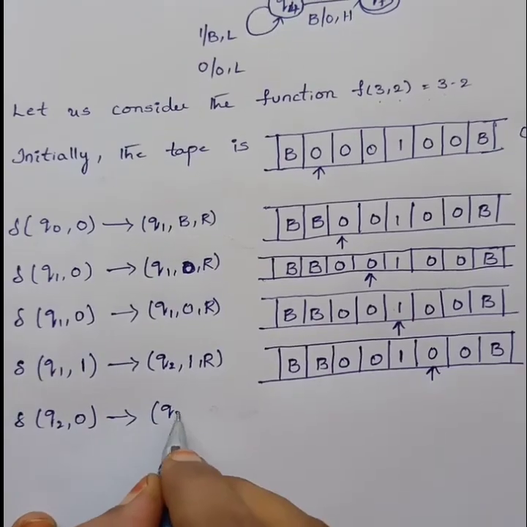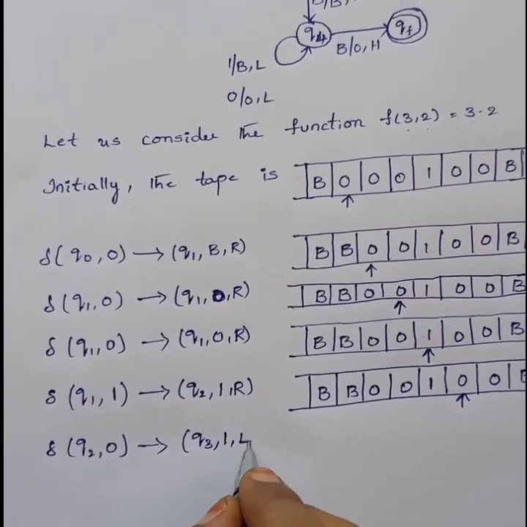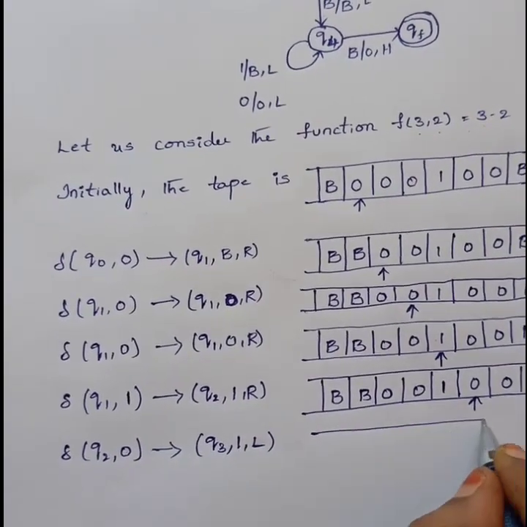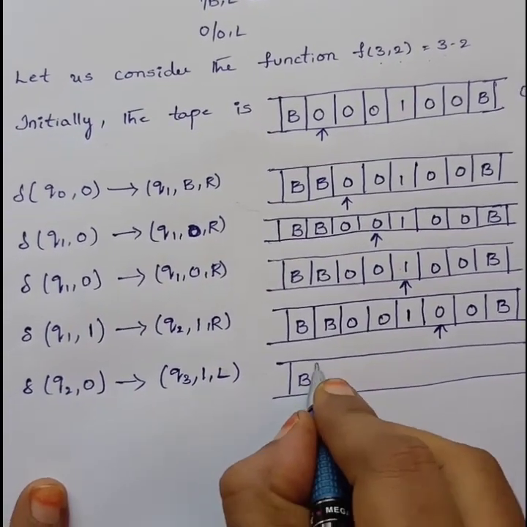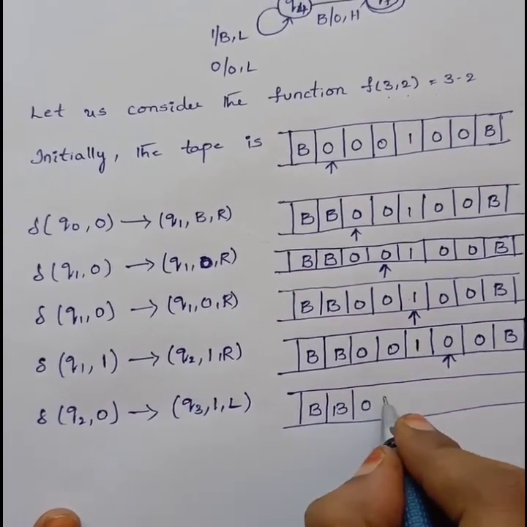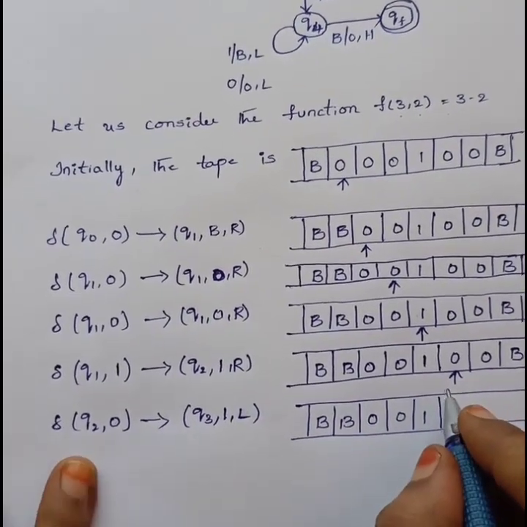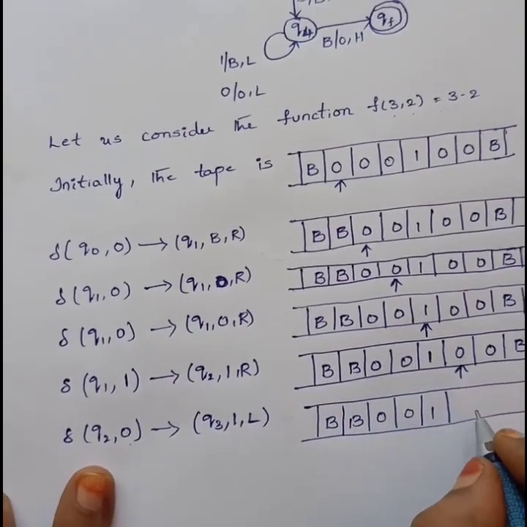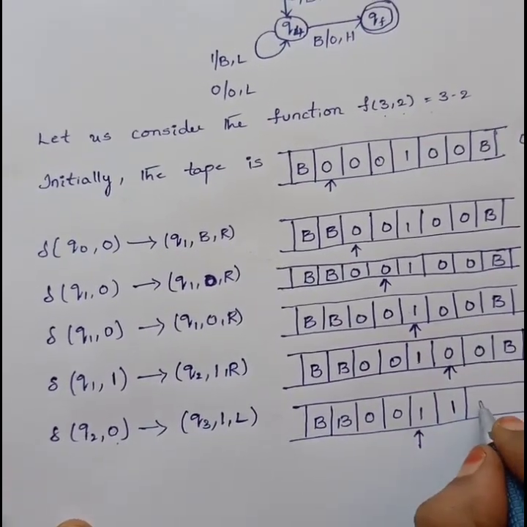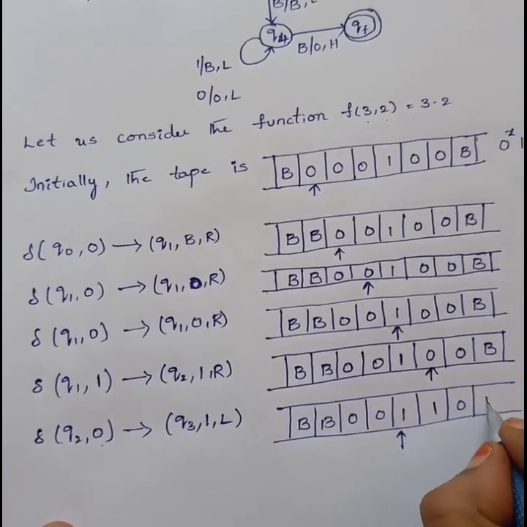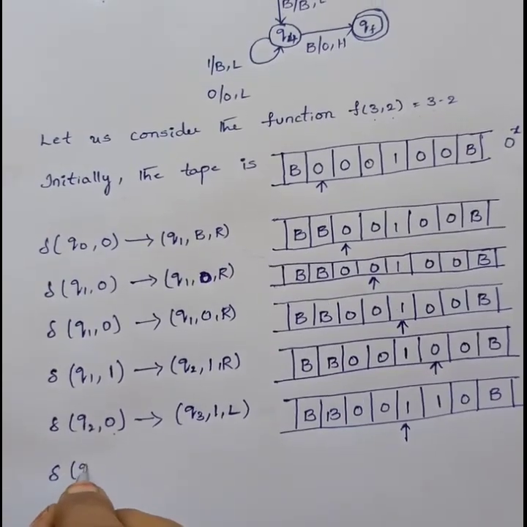So B, 0, 0, 1. Here this 0 is rewritten as 1 and we move to left.